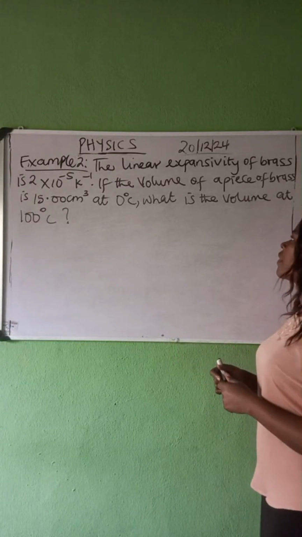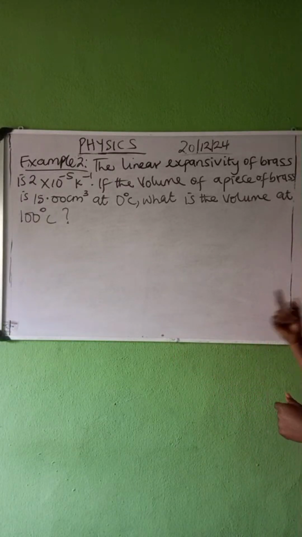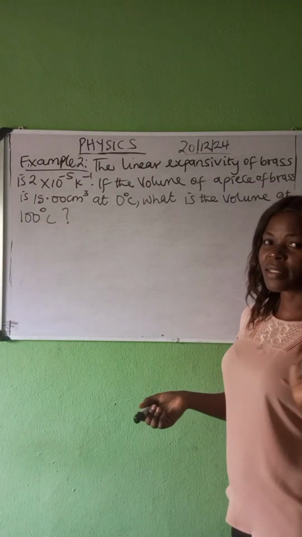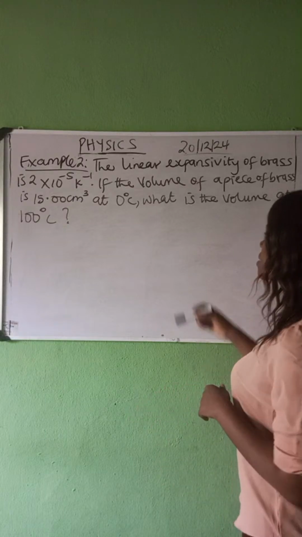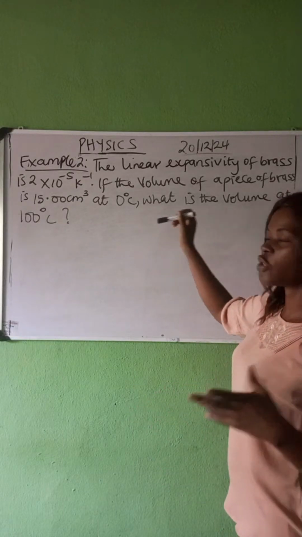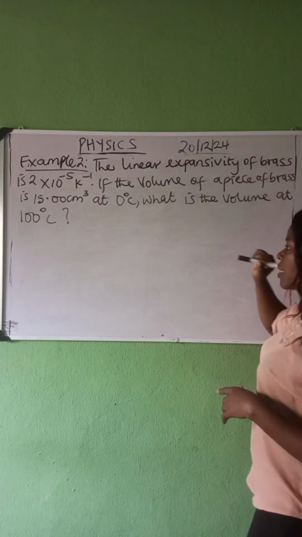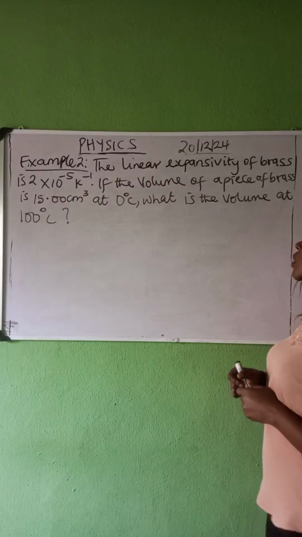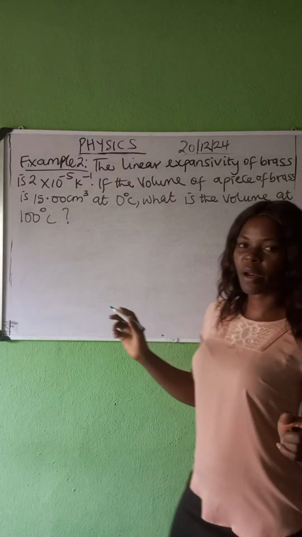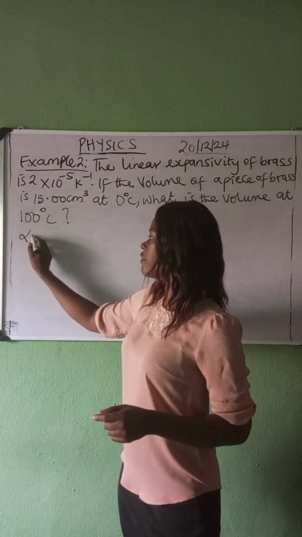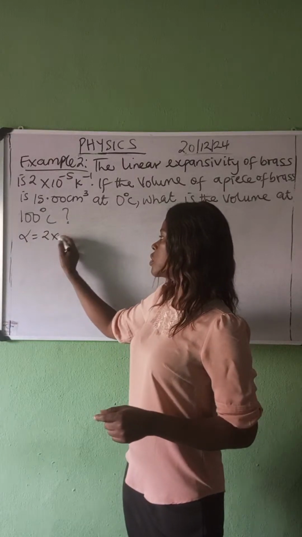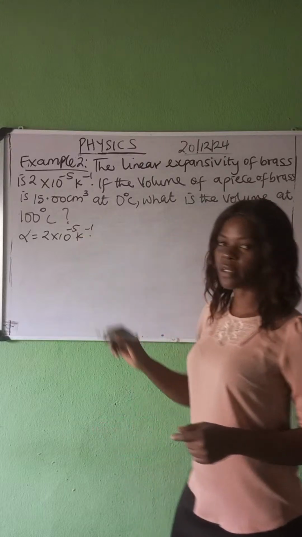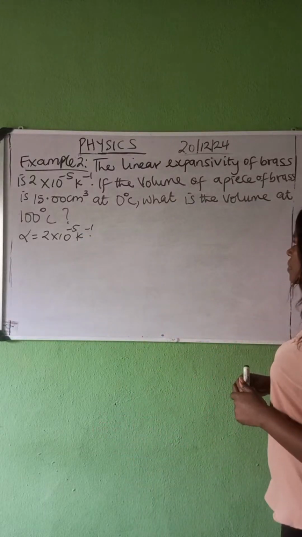If the volume of a piece of brass is 15.00 centimeter cube, that is V1 at 0 degrees Celsius, that is temperature 1, what is the volume at 100 degrees Celsius? To solve this question, we must state our parameters: alpha is equal to 2 times 10 raised to the power minus 5 per Kelvin. Is that clear?